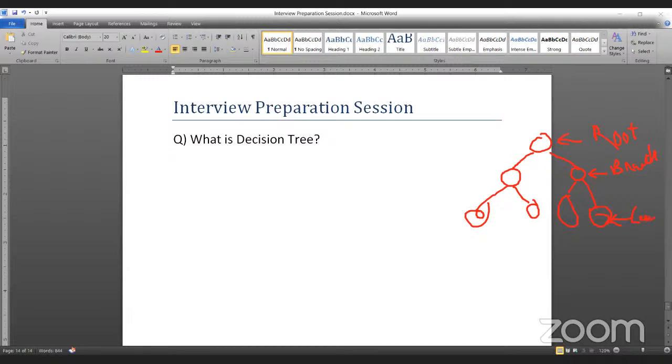So basically, each and every node is a test on an attribute. The test is like, is it true or false, a kind of Boolean test. If it is true, it goes here. If it is false, it goes here.